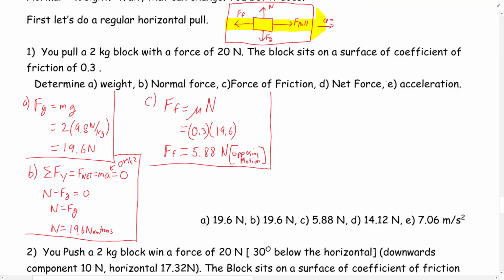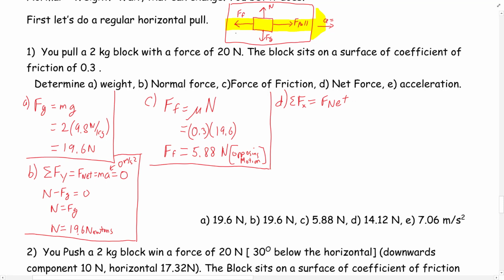Now, what's the net force? D, the sum of the forces is equal to the net force. And we don't have to worry about the y direction because the x direction is the direction the net force has to be, because the motion is in the direction of the net force.